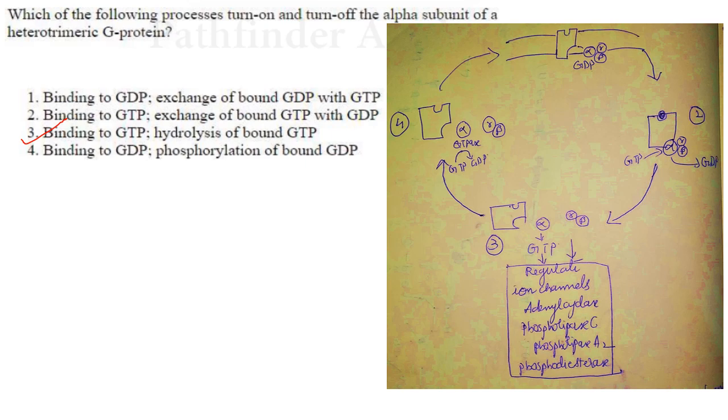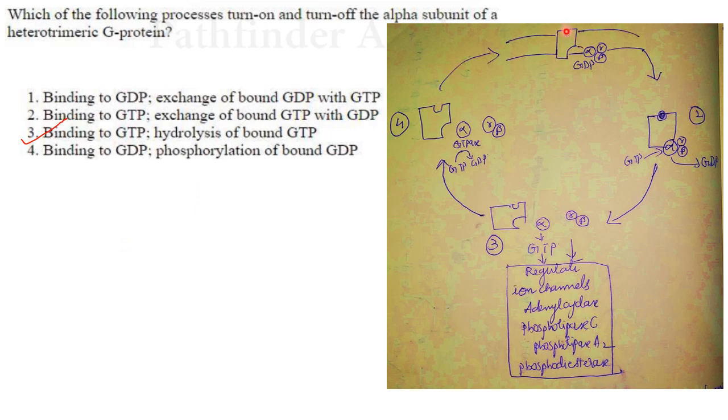Then next one. Which of the following processes turn on and turn off the alpha subunit of a heterotrimeric G protein? So this is the cycle of a heterotrimeric G protein. This is the receptor.